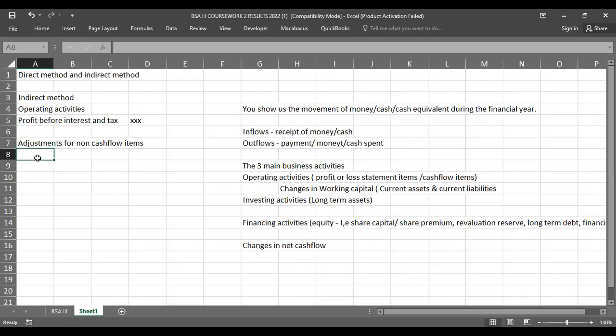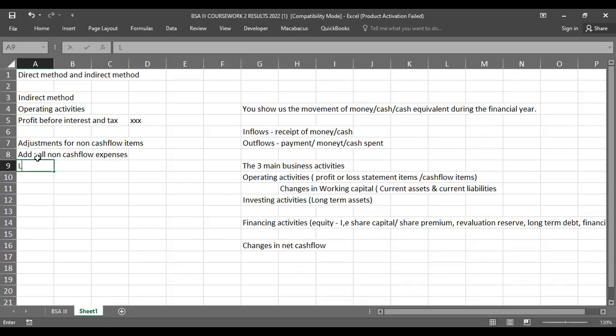That's where you have things like depreciation. Let me just categorize: we add back all non-cash flow expenses. Whatever expense is in your profit or loss statement to come up with the profit before interest and tax, and is not a cash flow, we add it back.